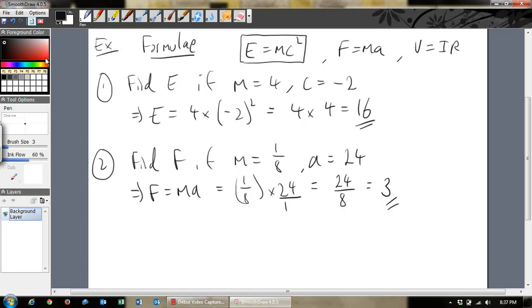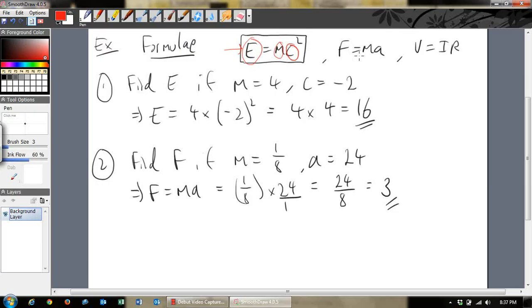So what do these formulas mean? You're going to come across these, no doubt. Energy is equal to mass times the speed of light squared. That's Einstein's theory of relativity, how to figure out the energy created when a mass is travelling at the speed of light. I don't understand this, don't ask me. It's highly technical, very theoretical.